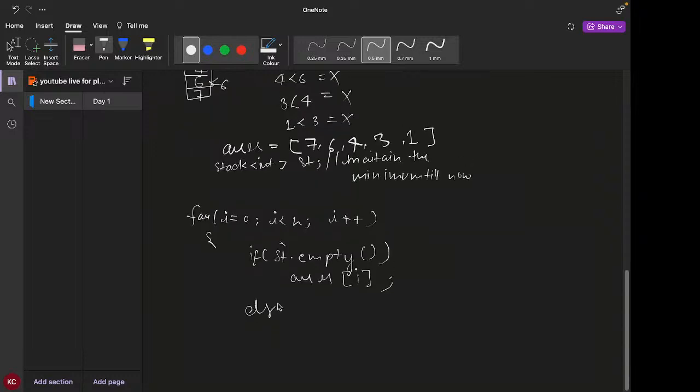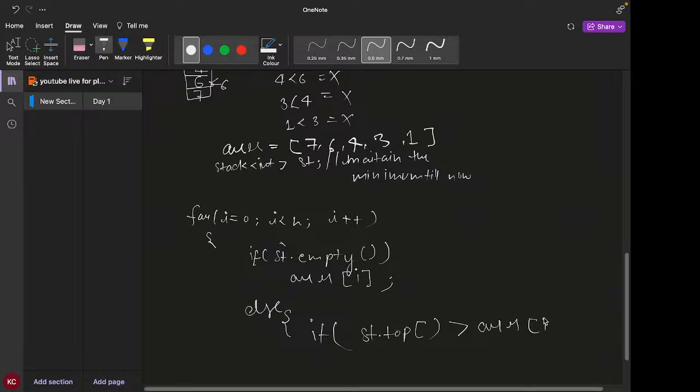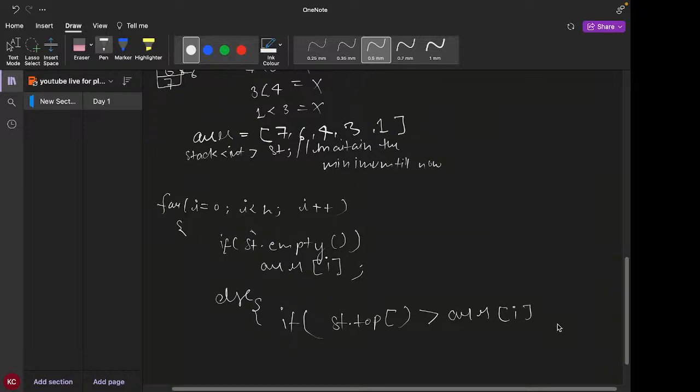If the stack is not empty, then what do I have to do? Else again I have to check if the top of the stack, st dot top, is greater than the current element, that is arr[i].